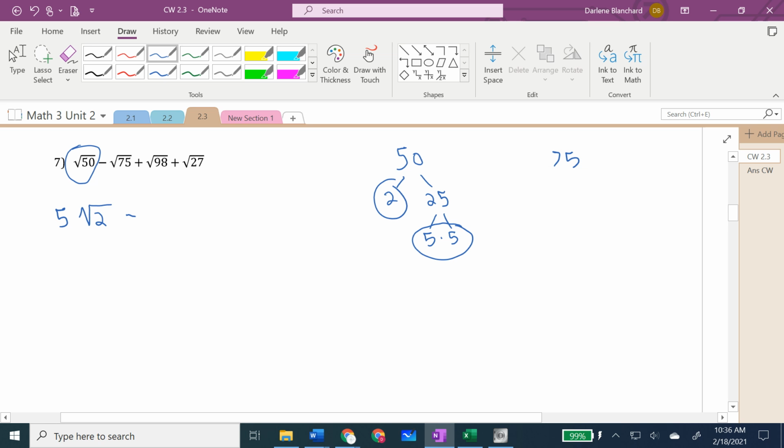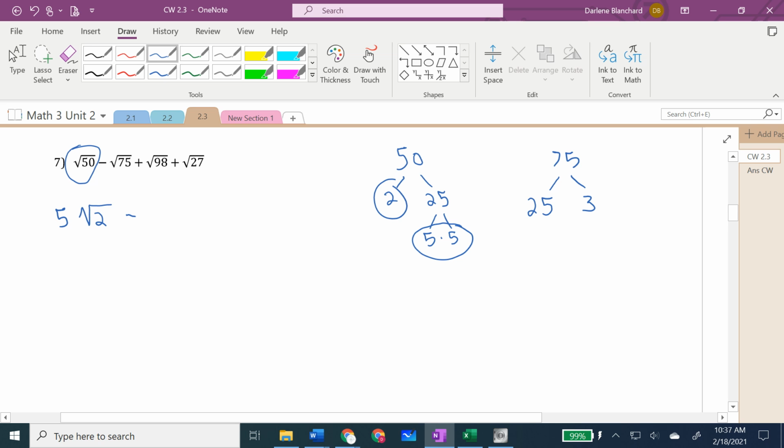All right, 75. Let's break that down. It's not even. It ends in a 5, so it is divisible by 5. And you're familiar enough, hopefully, with money where you can think, that's 3/4. 3/4 makes 75 cents. Wait, I just realized that means 25.